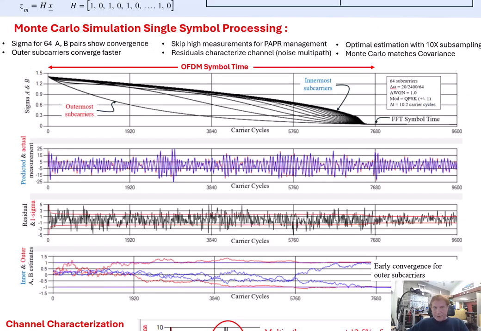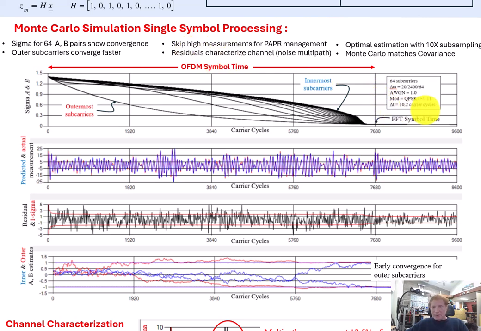A Monte Carlo simulation was developed for the multi-carrier communication system. We used 64 subcarriers with QPSK modulation formed from A and B values randomly selected from +1 and -1. For the case as shown, we used a white noise with standard deviation of 1 and a receiver subsample time of 10.2 carrier cycles.